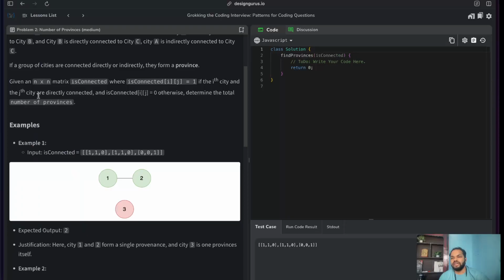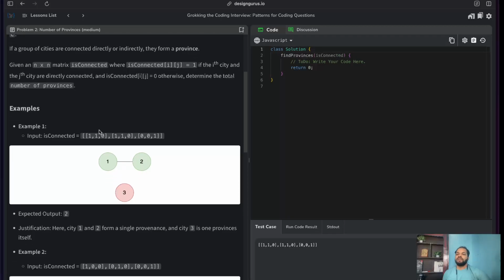So given an n cross n matrix isConnected, where isConnected[i][j] is 1 if the ith city and the jth city are directly connected, and 0 otherwise, determine the total number of provinces. Okay, nice.